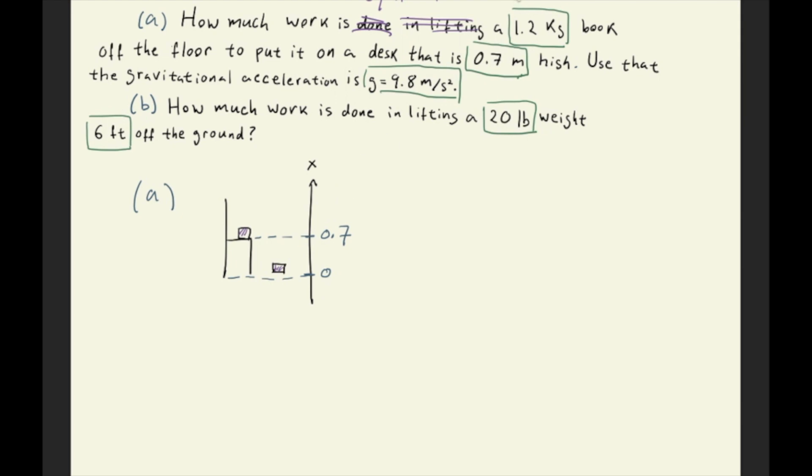And you know that gravity is going to point down all the time, so it's going to hinder this motion. Whatever you have to do, you need to beat gravity, right? So gravity is going to do negative work, because it's against the motion that's going to happen. So the work required will be the positive version of that number, right?